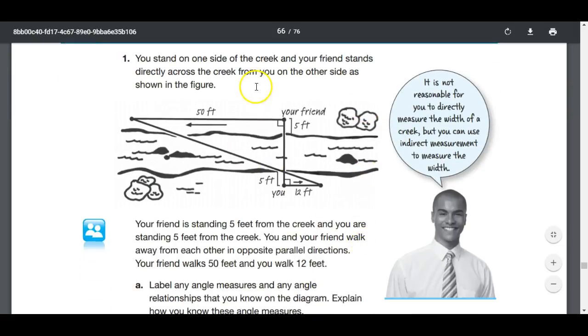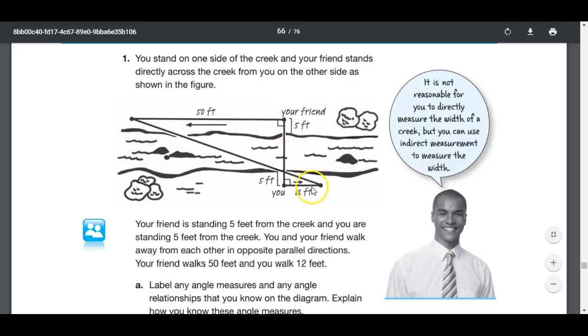Here you have triangles. These two triangles are going to be similar, and the reason they're going to be similar is because you've got vertical angles. So if you drew this out, they walked down 50 feet, you walked 12 feet, you were 5 feet from the riverbank, and they were 5 feet from the riverbank.